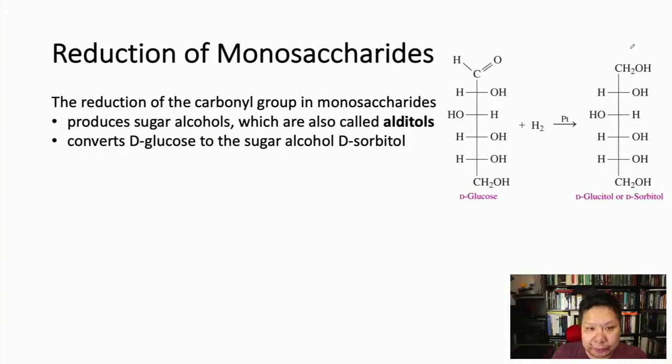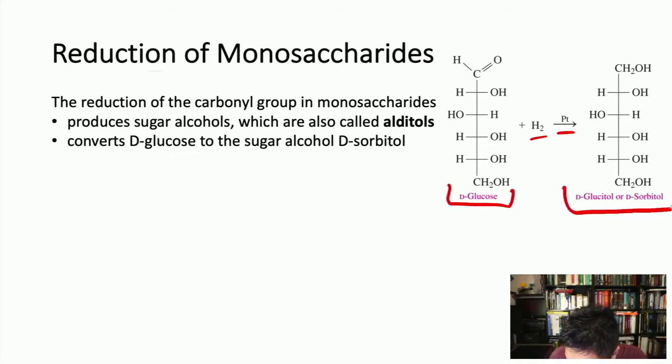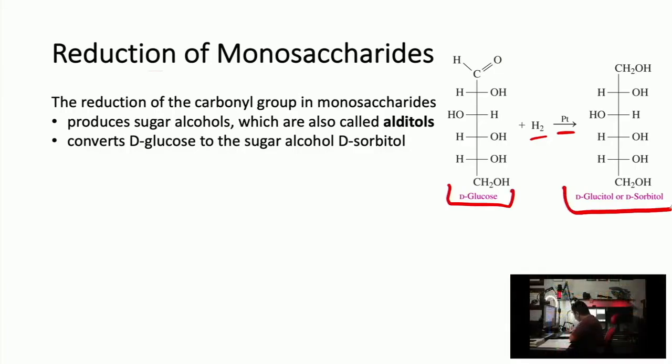We can also reduce monosaccharides using a platinum catalyst and some hydrogen gas. So here we have D-glucose again, and when it gets reduced, it becomes D-glucitol or D-sorbitol. Funny story about sorbitol.